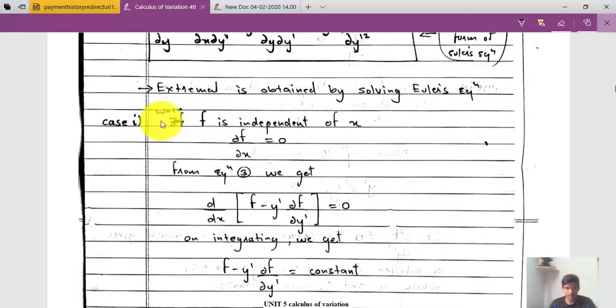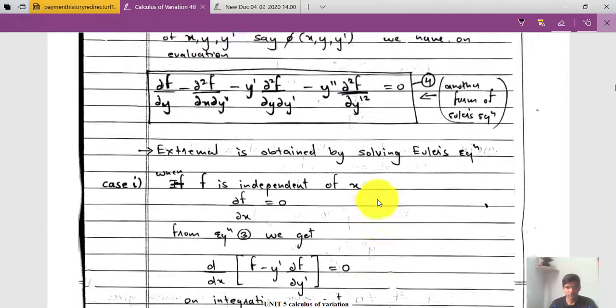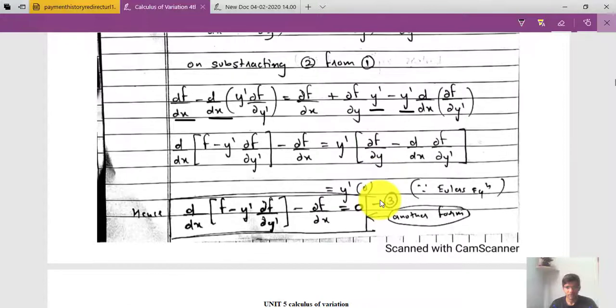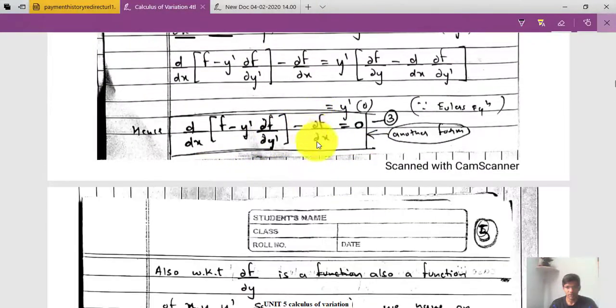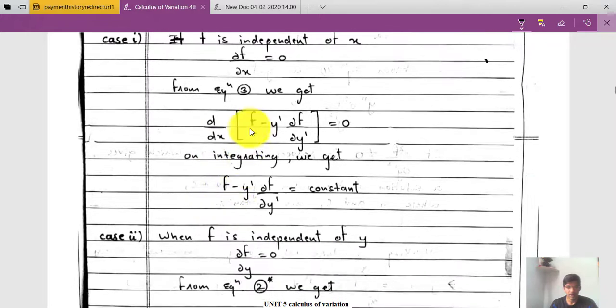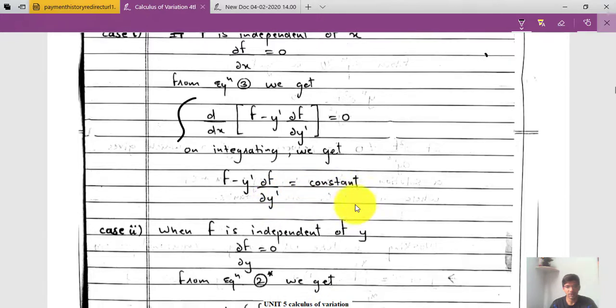Therefore, when f is independent of x, then dou f by dou x equal to 0. Therefore from equation 3, this is your equation 3, since f is independent of x, obviously this term will be 0 and we retain this equation: d by dx of (f minus y prime dou f by dou y prime) equal to 0. Therefore on integrating we get f minus y prime dou f by dou y prime equal to constant.